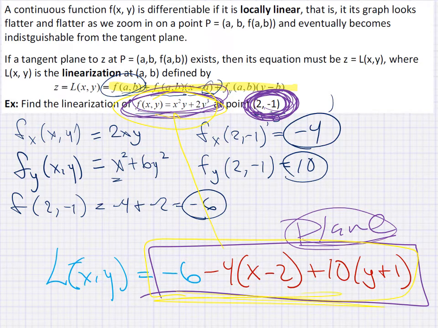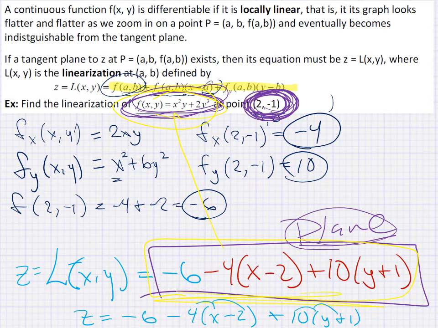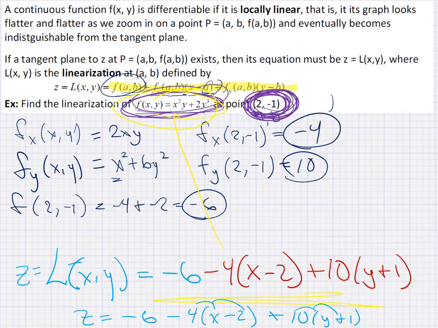If you want to see that, we can show that real quick. Remember, if we say this is a function z, z equals -6 minus 4 times x minus 2 plus 10 times y plus 1. Distribute this out. What am I going to get?